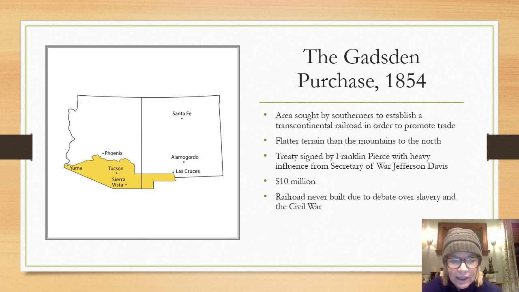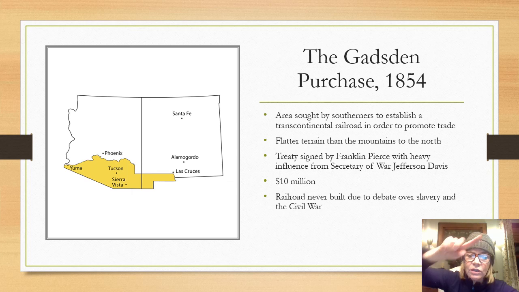Okay, and then there's the Gadsden Purchase. Now, this was territory down in the South, and you might be thinking, well, wasn't New Mexico and Arizona good enough? No. What they wanted to do was build a transcontinental railroad. Stephen Douglas wanted one in the north, right?